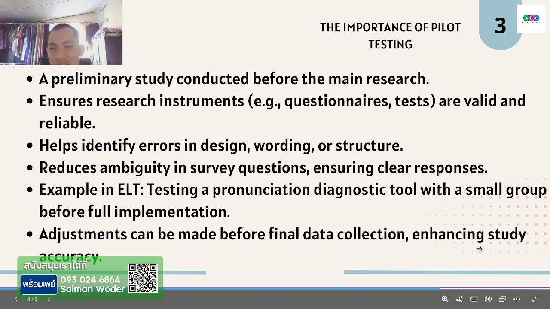So what is the importance of pilot testing? Pilot testing goes beyond just checking if your questionnaire prints correctly. It's a crucial step in ensuring the quality and effectiveness of your entire research design. Think of it as a dress rehearsal before the main performance, right?